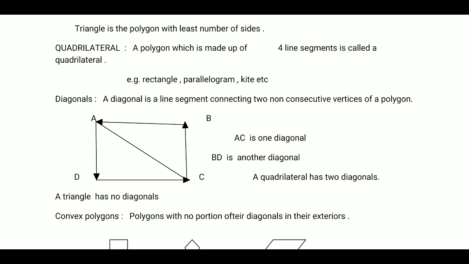It means a quadrilateral has two diagonals AC and BD. But in case of a triangle, all vertices are consecutive. So a triangle has no diagonals.